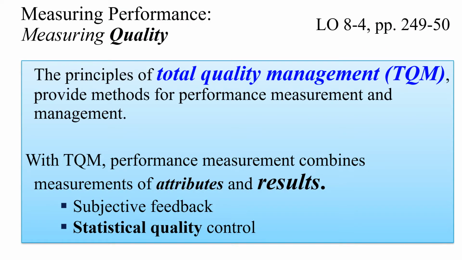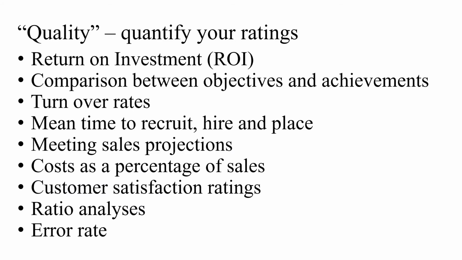One form of this performance management method is the Principles of Total Quality Management, or TQM, which provides methods for performance measurement and management. With TQM, performance measures combine attributes and results, subjective feedback, but they also put in statistical quality control.